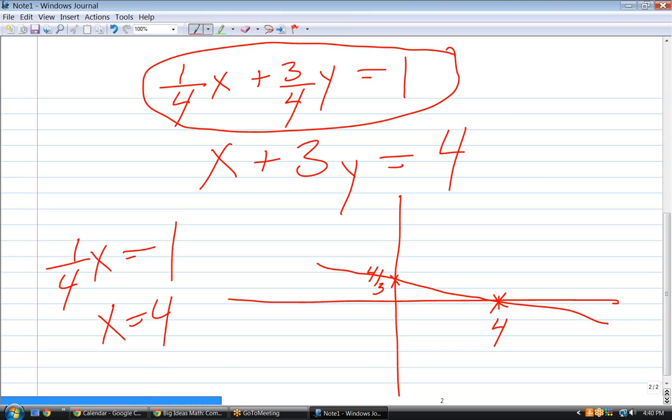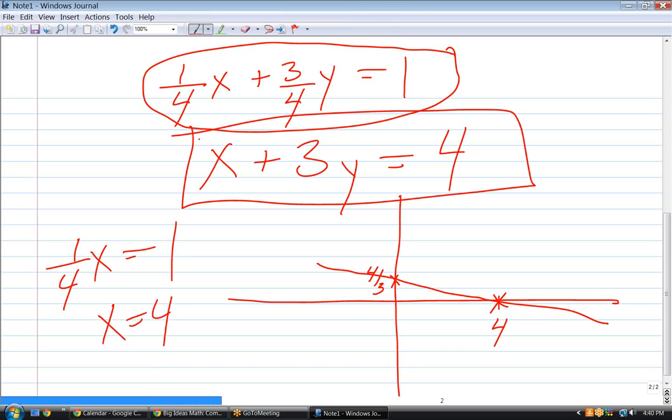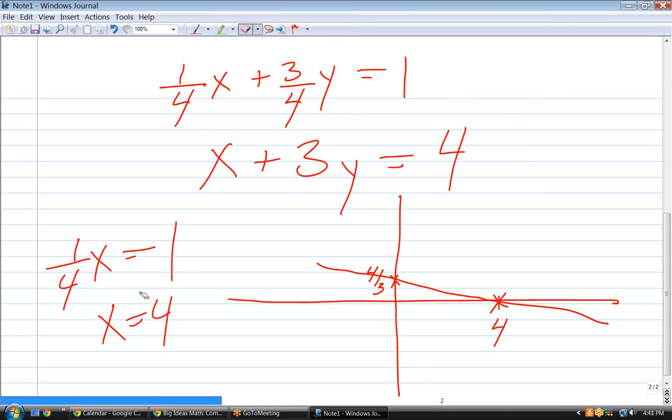It's a little easier to come up with that from that equation. So in this case, it's just preference, whether you prefer working with equations like this or equations like that. If these don't give you any problems at all, then it's actually more direct to work with the original ones.